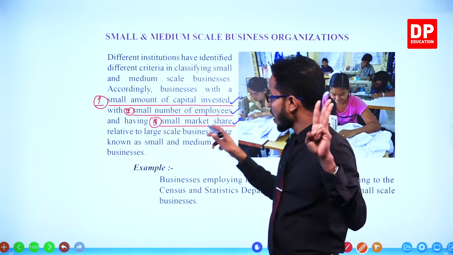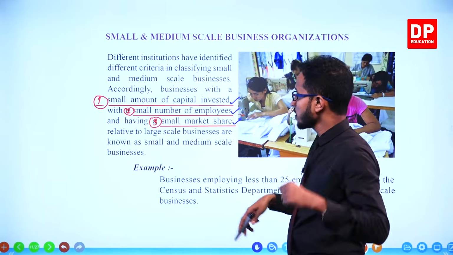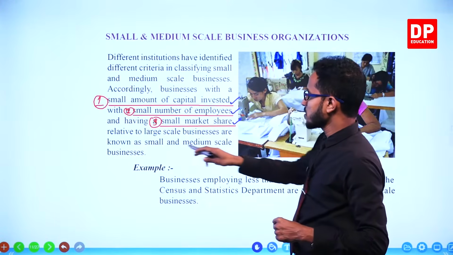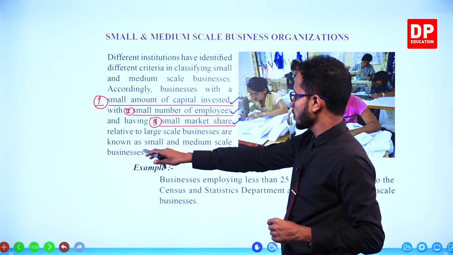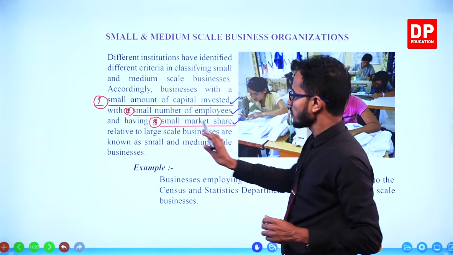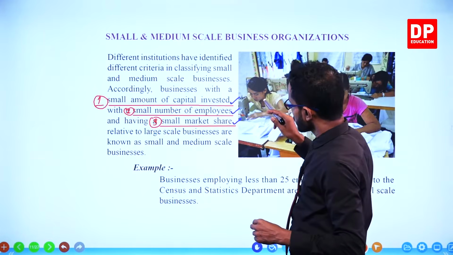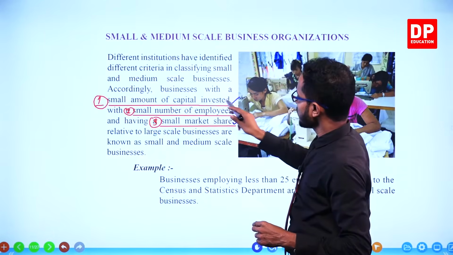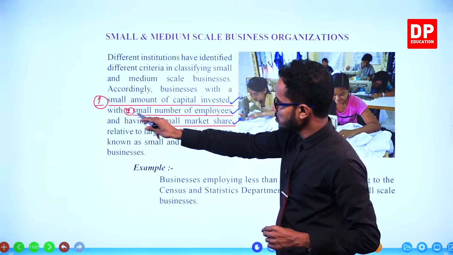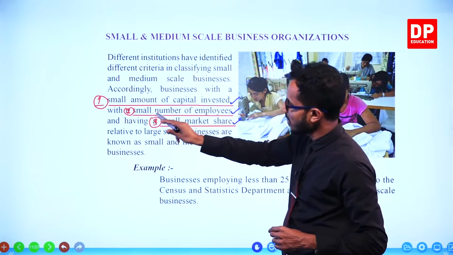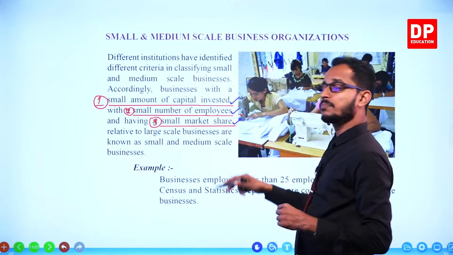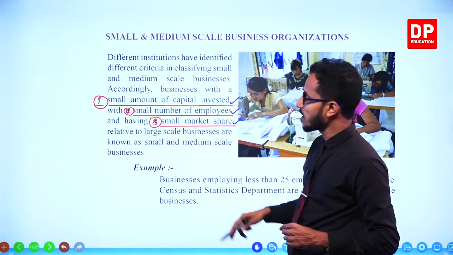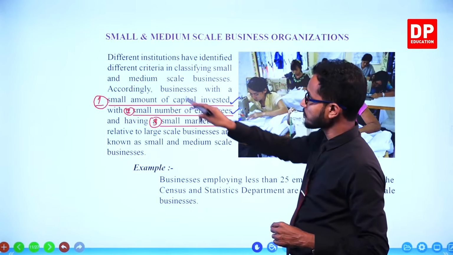The third one here is market share, relative to large scale businesses. So with a small amount of capital invested, small number of employees and a small market share, these are small scale businesses.